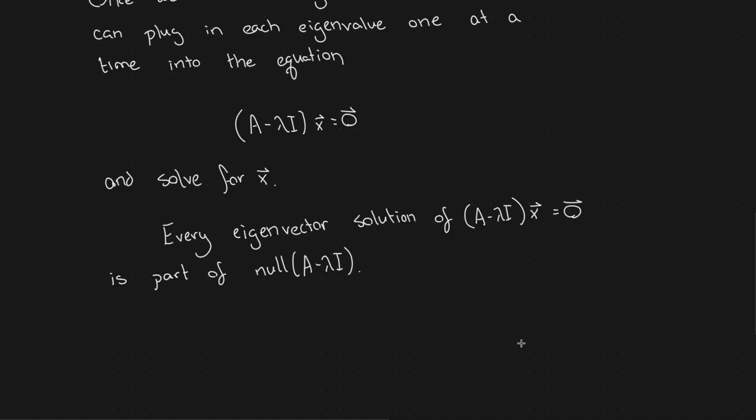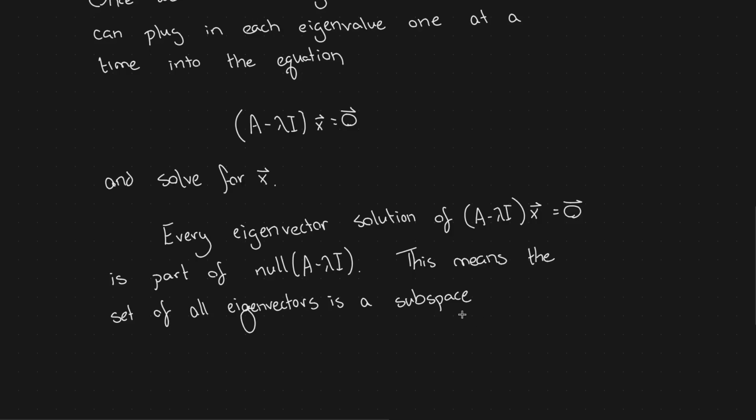Which means that the set of all eigenvectors, and I should probably say associated with an eigenvalue, since different eigenvalues will have different eigenvectors, right?